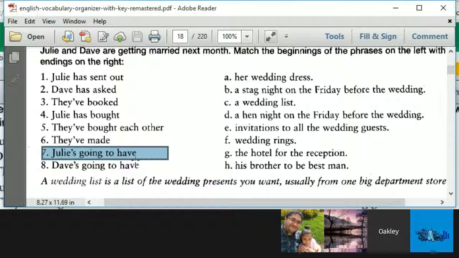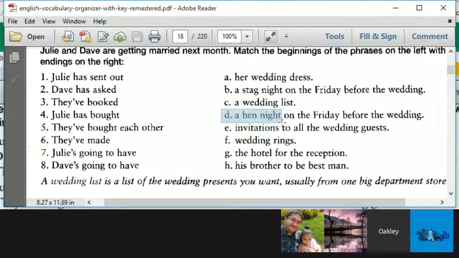Julie is going to have a hen night on the Friday before the wedding.